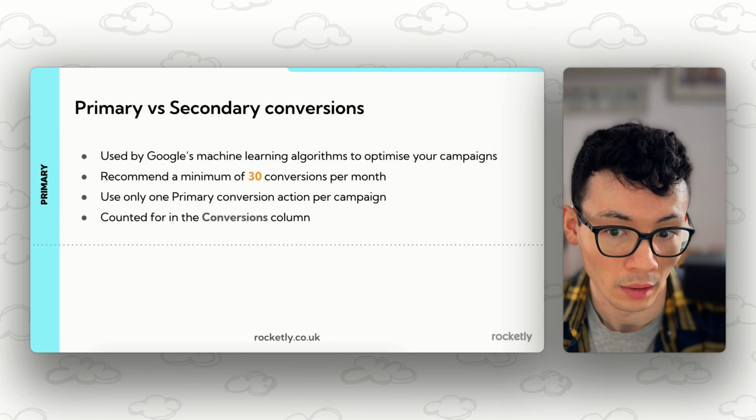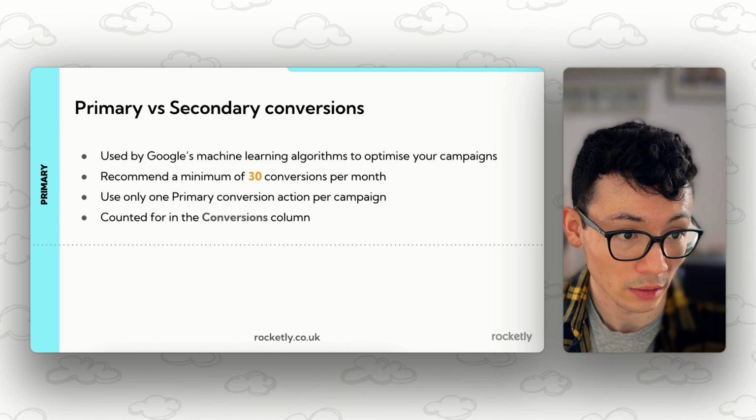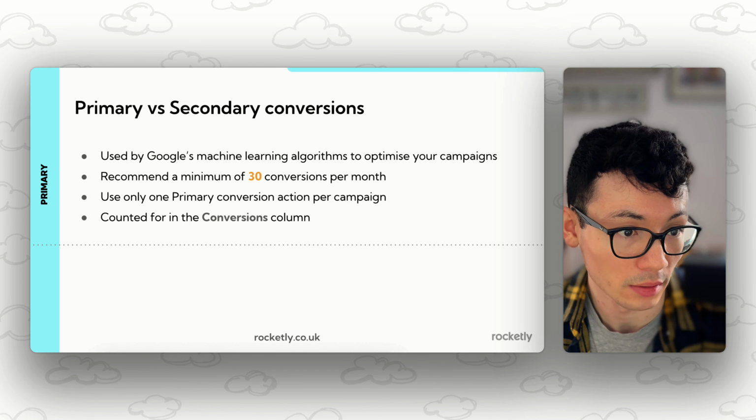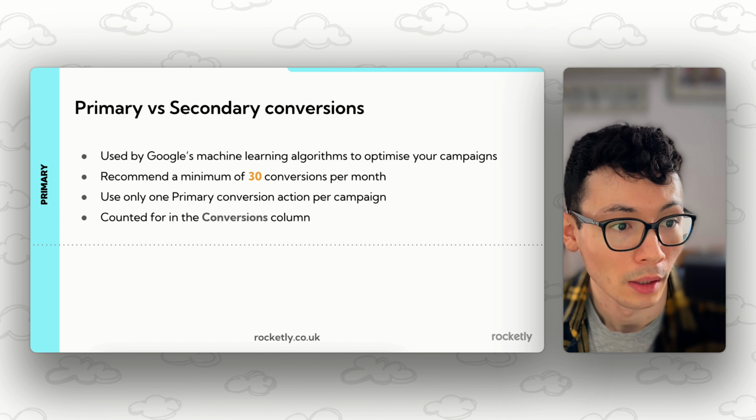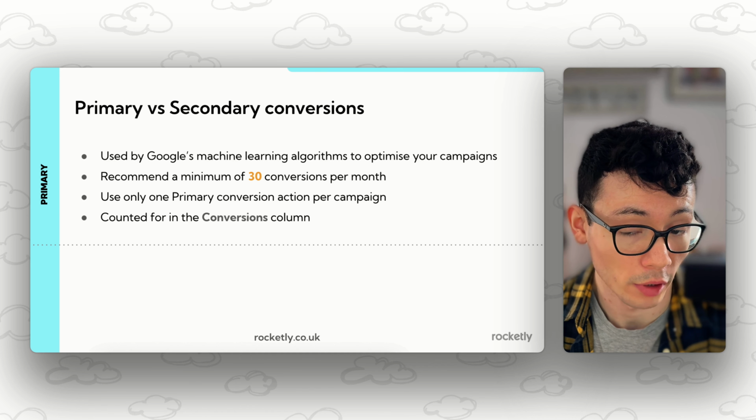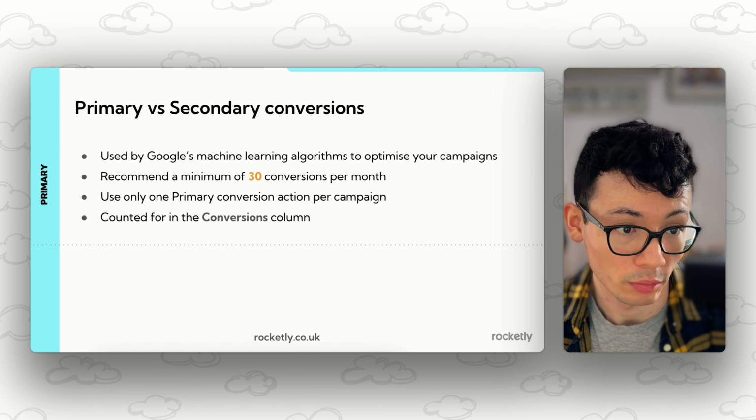If you have two conflicting goals, it's going to be hard for Google's algorithms to optimize towards the right one, which should be purchases in this case. And finally, primary conversions are counted inside the conversions column, which only tracks primary conversions and doesn't include secondary conversions.